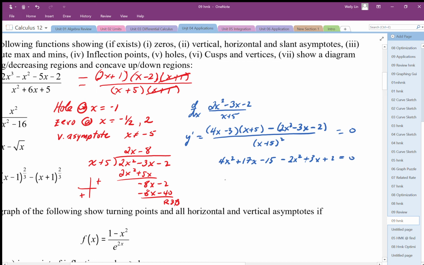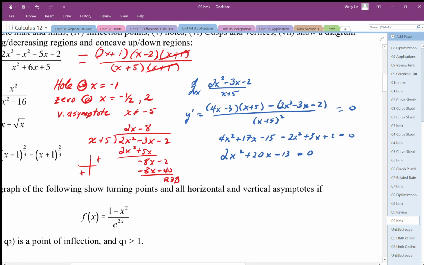So we end up with 2x squared plus 20x minus 13 equals 0. That doesn't look factorable, so we're just going to go straight to the quadratic formula on this one.